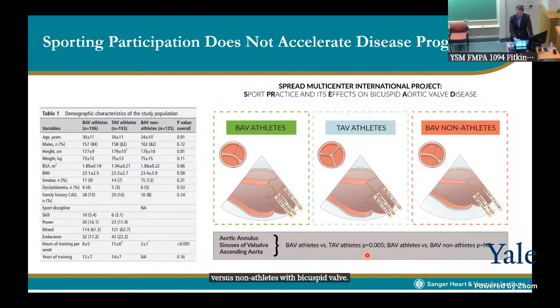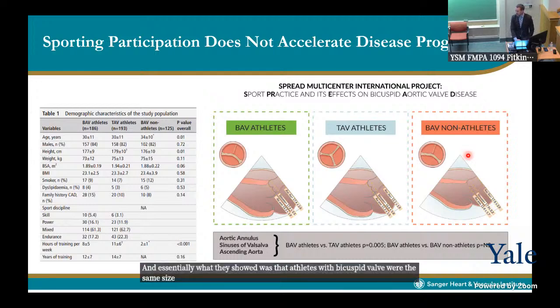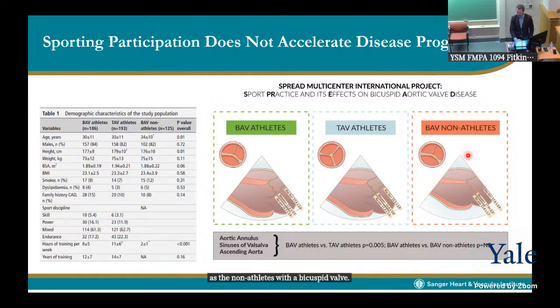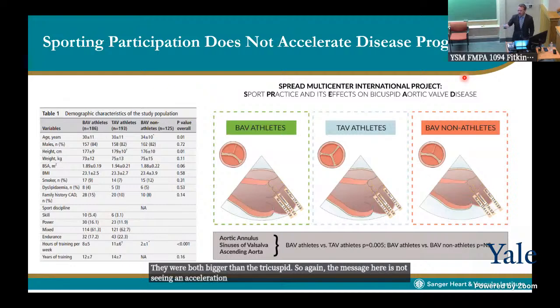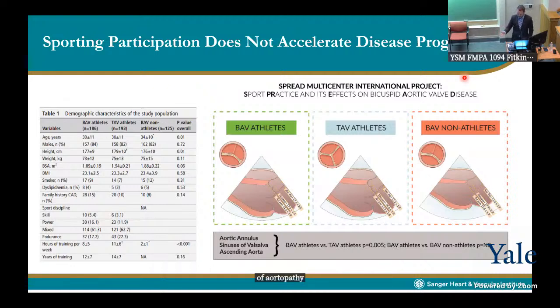And essentially what they showed was the athletes with bicuspid valve were the same size as the non-athletes with a bicuspid valve. And they were both bigger than the tricuspid leaflet. So again, the message here is not seeing an acceleration and progression of aortopathy if you exercise a lot.